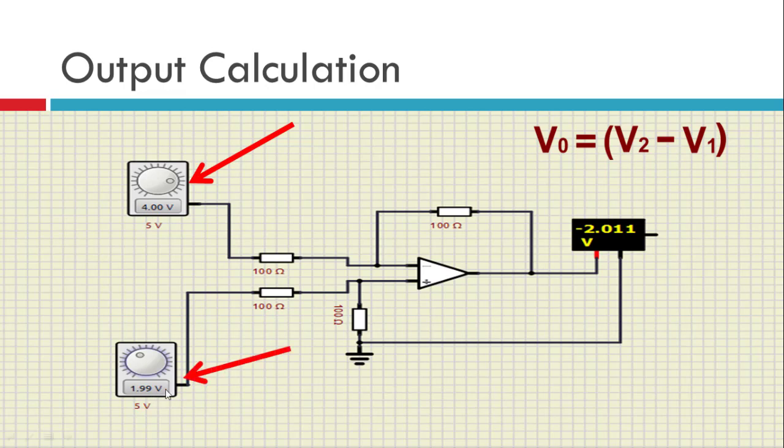This 1.9 is almost 2. So we get 2 minus 4, which is minus 2. We get a negative value because the inverting input is larger than the non-inverting input. This is why it is called a difference amplifier, because the output is the difference of the inputs.